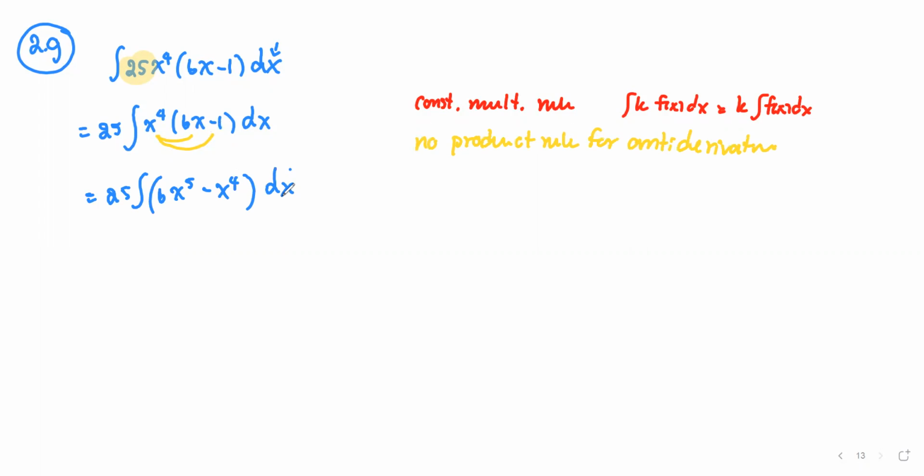You have two terms inside the integrand: 6x to the fifth minus x to the fourth. Do not factor, otherwise you go back to the previous step. You don't go anywhere.